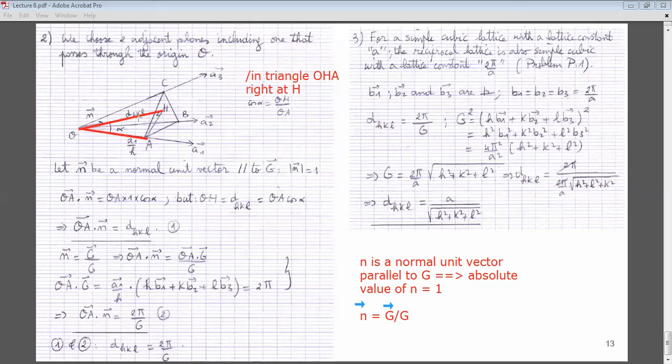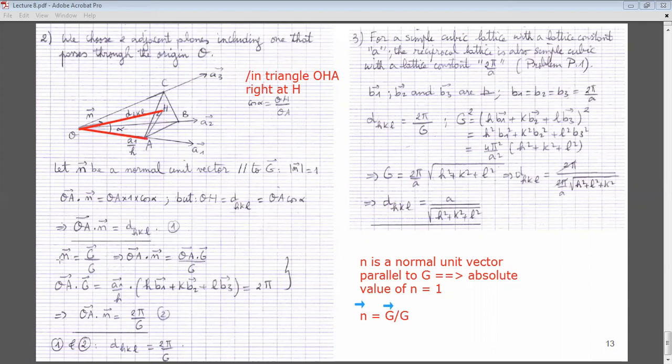It is actually the distance between the two planes, because there are two successive planes, one passing through O and one coming right after that. It is equal to OA cosine alpha. So we get from these two equations that OA dot n is equal to the distance between the two successive planes. So OA dot n is dHKL.